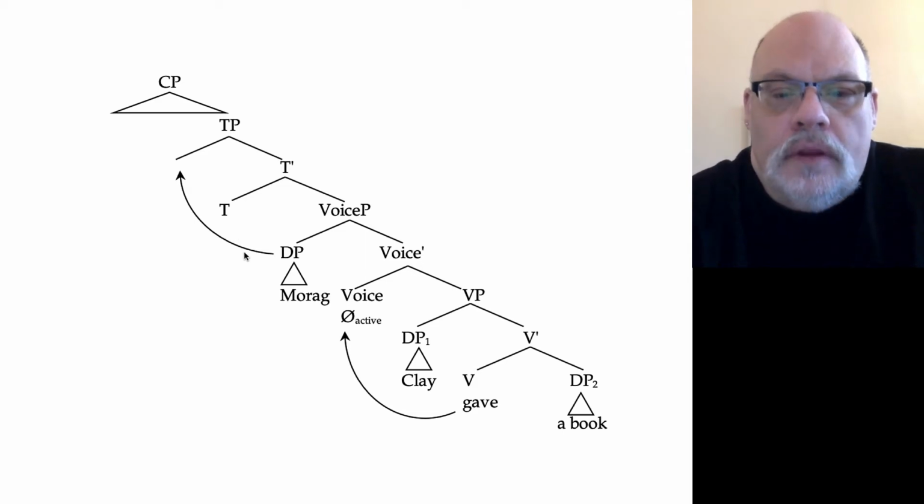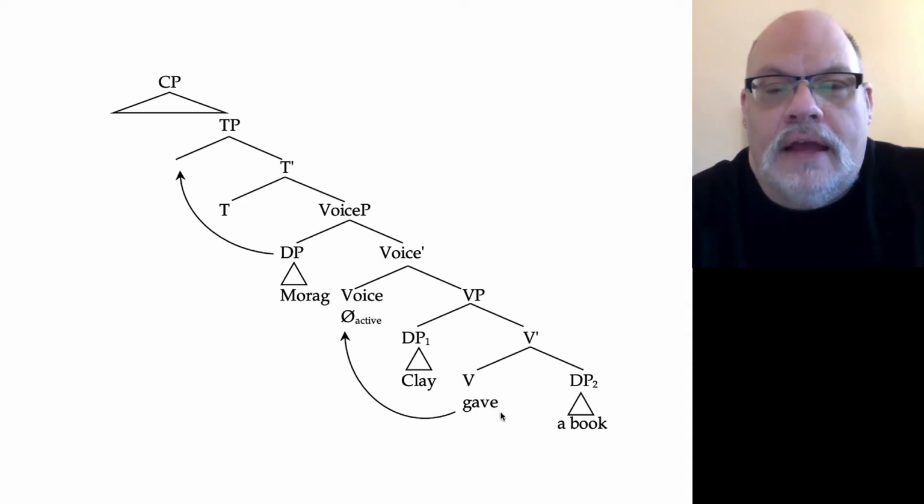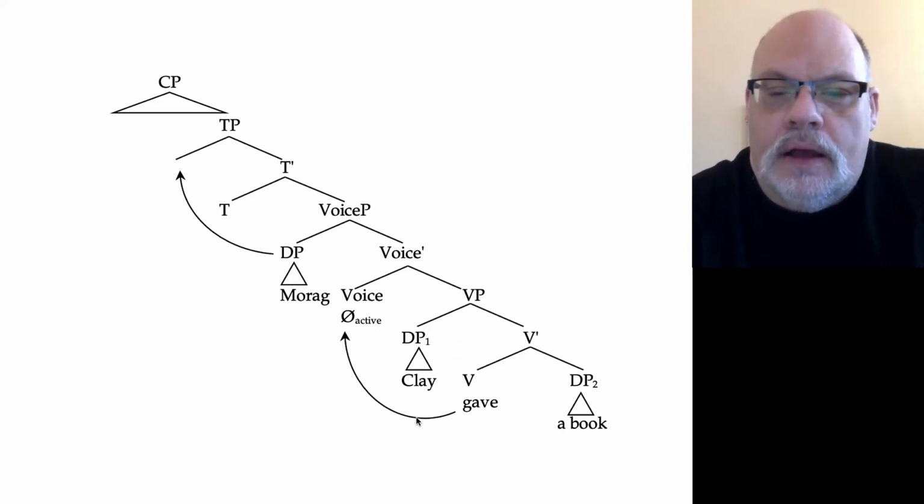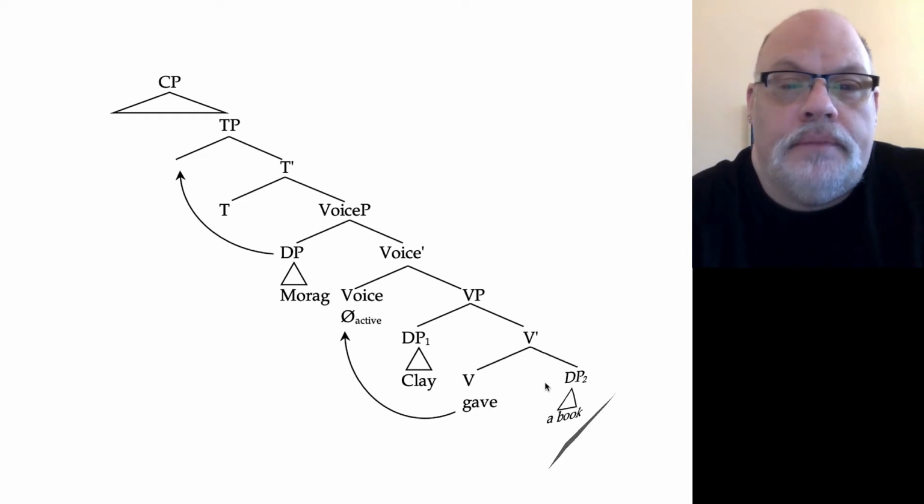So I want to revisit the issues of case around objects. And then in the next video, we're going to look at how we get case on Clay. So in this video, we're going to rethink the case on the theme.